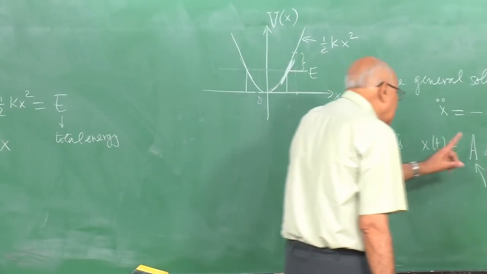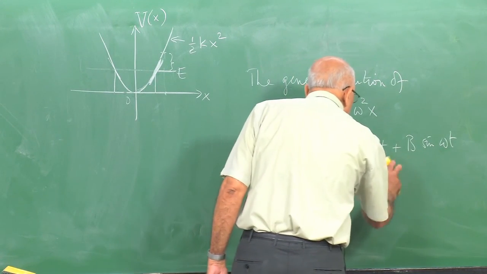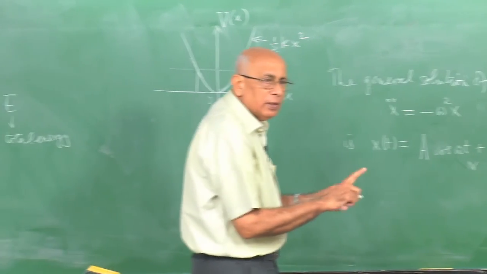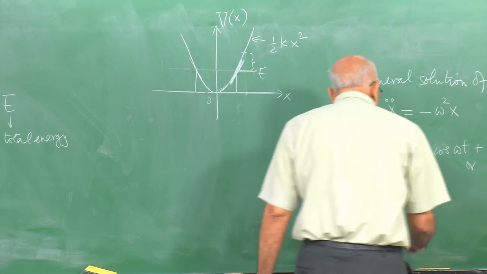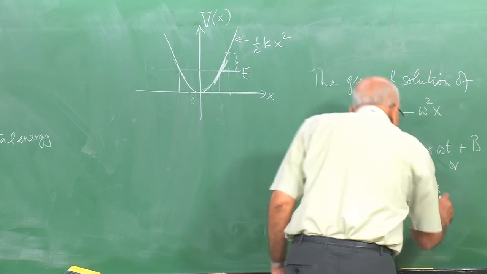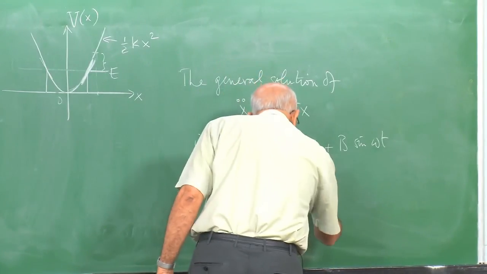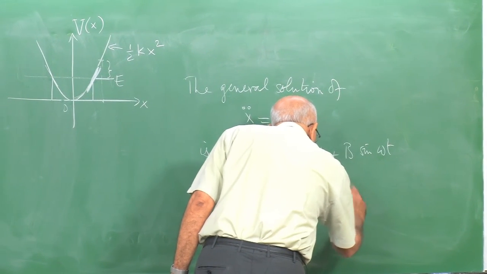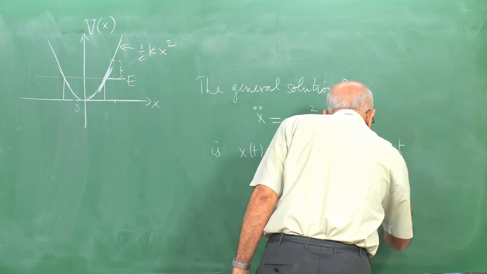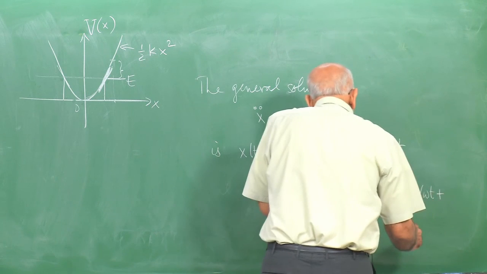So you can write this in many ways, but here is one way of writing it. There is an equivalent way of writing it, or there always has to be two constants of integration. So you could also write this as a cosine or sine, it does not matter, depends on how you choose your constants, omega t plus some delta, or b sine omega t plus some other delta prime.